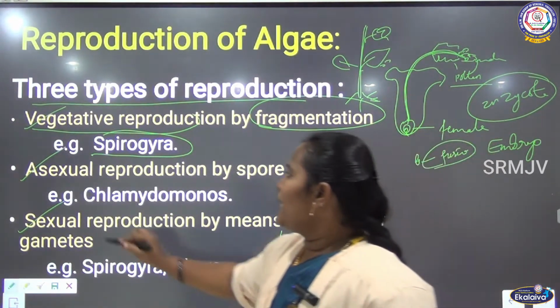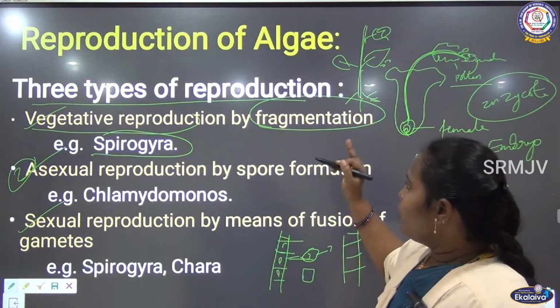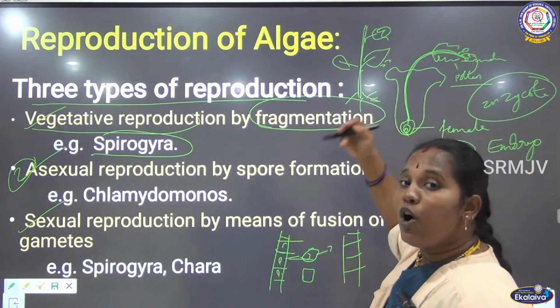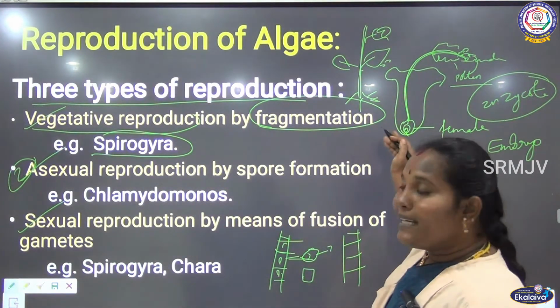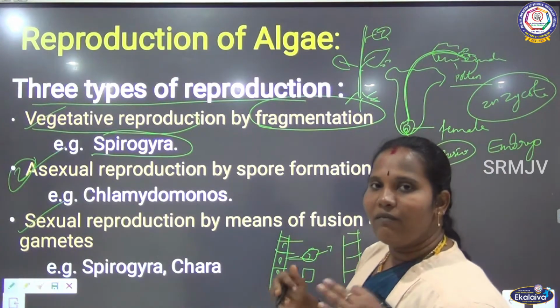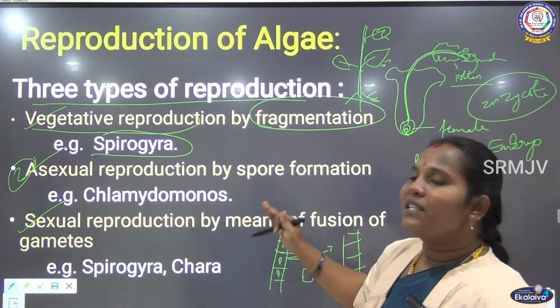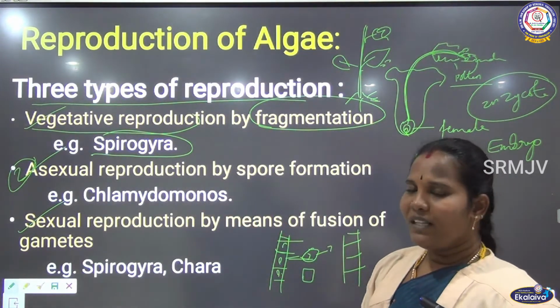Next topic. The second one is the asexual. What is asexual? I told you that when the female and male reproductive cells join together, that is sexual. But when there is no separation into male cell and female cell, that type of reproduction is called asexual reproduction.